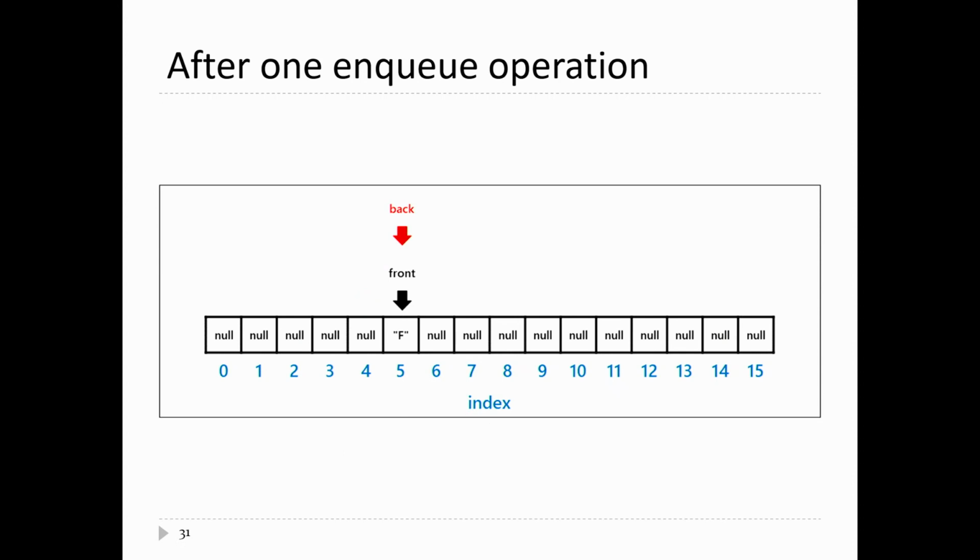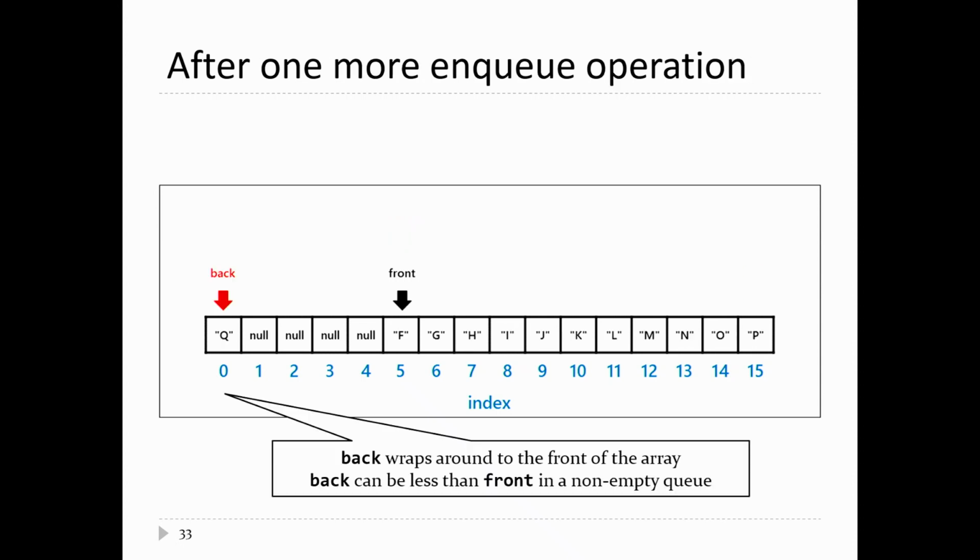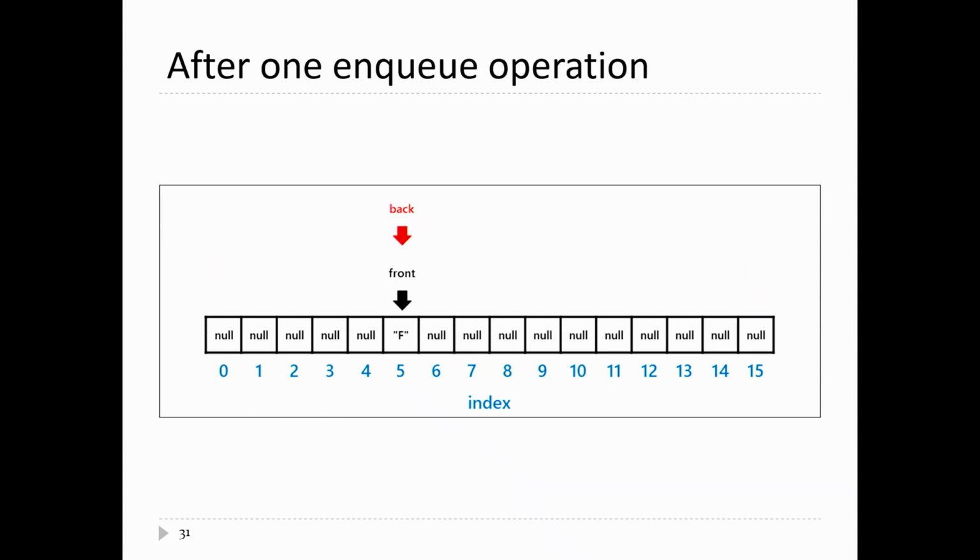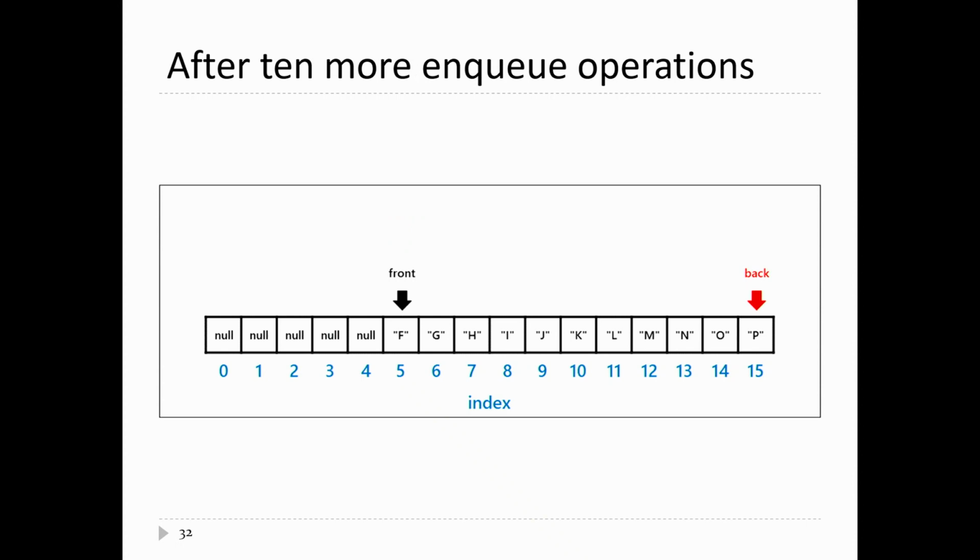Okay, if I NQ another element, you end up with the following picture. So back moves in this case. Back always moves when you NQ. Now, if I NQ 10 more times, back ends up at the end of the array. Can I NQ more elements? The answer is yes, because I've got all of these empty spaces at the front of the queue.